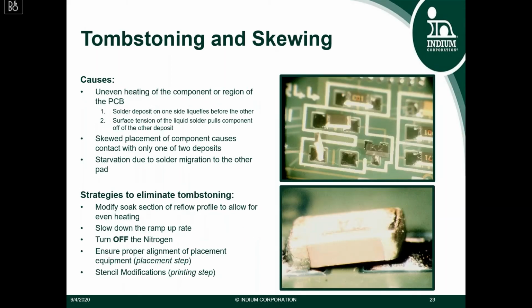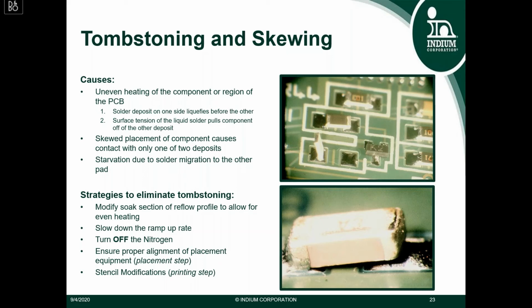Tombstoning and skewing. I love talking about tombstoning. It is a very simple fix with the reflow step. A tombstone is when you have a chip component, like a resistor or a capacitor, that is sitting on two solder paste deposits.